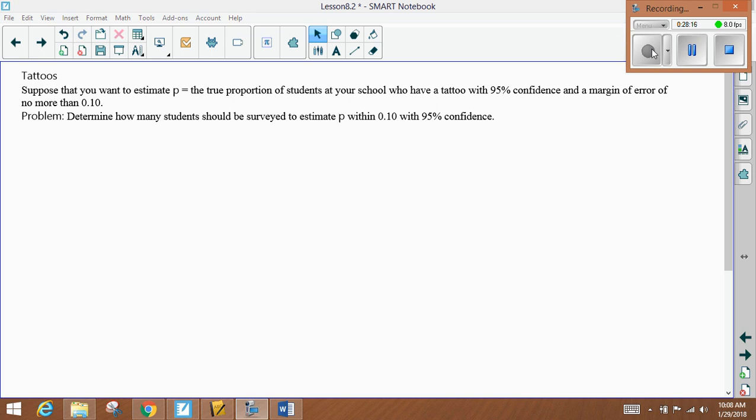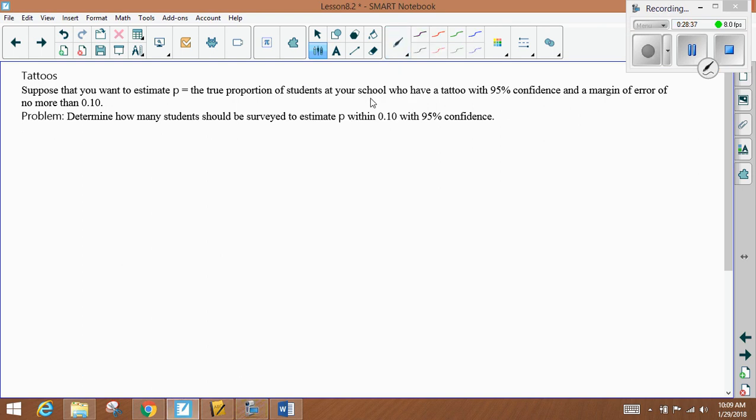How many students should be surveyed to estimate p within 0.10 with 95% confidence? So what do we know? We need to know what n is.